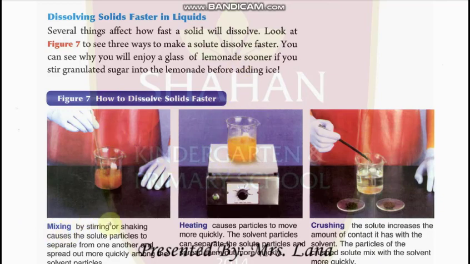Mixing by stirring or shaking causes the solid particles to separate from one another and spread out more quickly among the solvent particles. Then we heat it, causing particles to move more quickly, so the solvent can separate the solid particles more quickly.